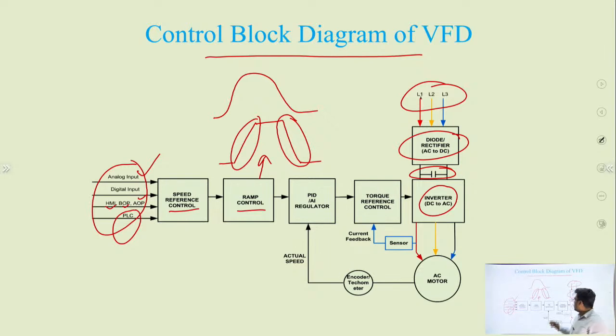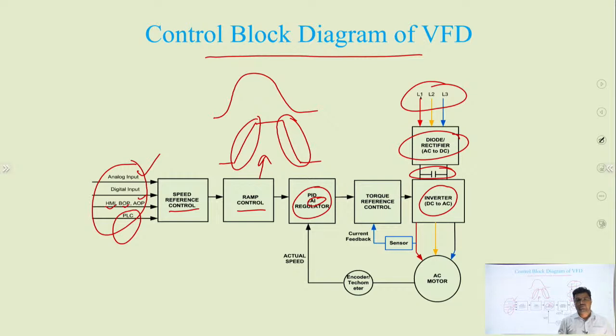Now there is a controller we sometimes use, that is a PID controller or PI regulator. In the Siemens G120 drive there is a PID block. Through the PID controller we can control the circuit, but for simulation purposes we can use AI techniques, that is artificial intelligence techniques.